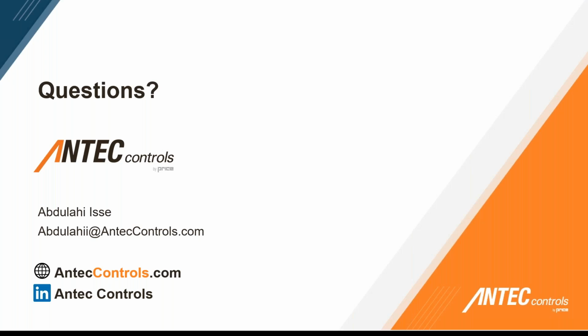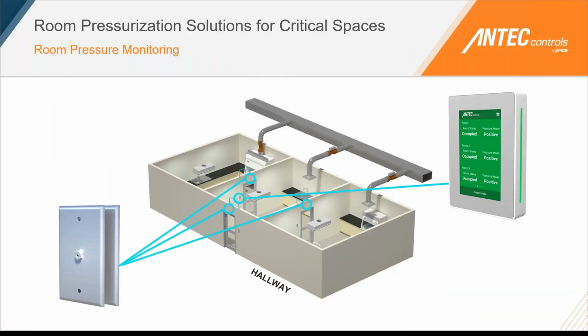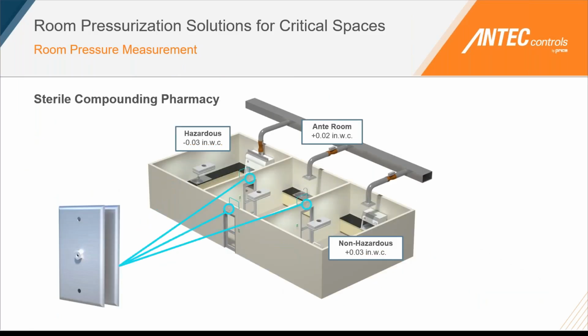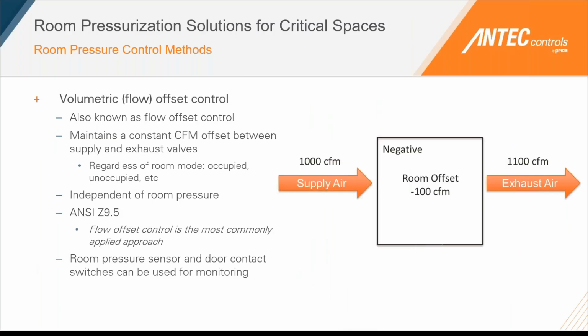In that last example, there's 1,000 CFM supply and 1,100 CFM exhaust. How we typically do this is, when you're calculating your offset, you take your total supply airflow and subtract your total exhaust airflow.